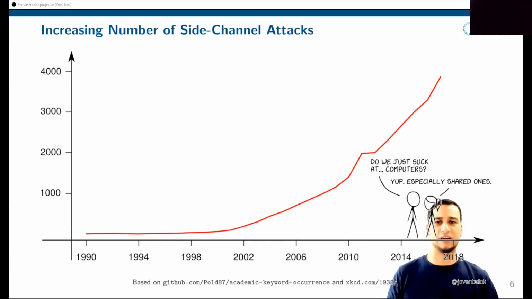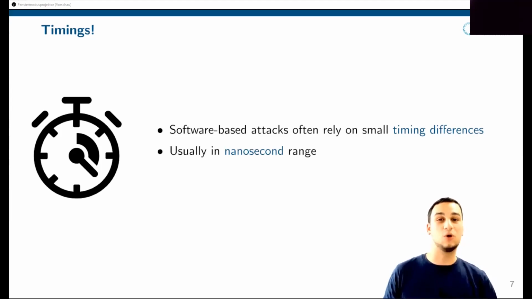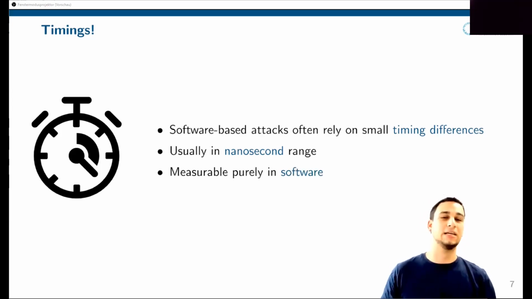What do we need to mount such a side channel attack purely in software? One of the most important things is timing. Many software-based attacks rely on timing differences. We're talking about really small timing differences here in the range of nanoseconds. So super small timings. Still, we don't need any sophisticated measurement tools like an oscilloscope or something like that.